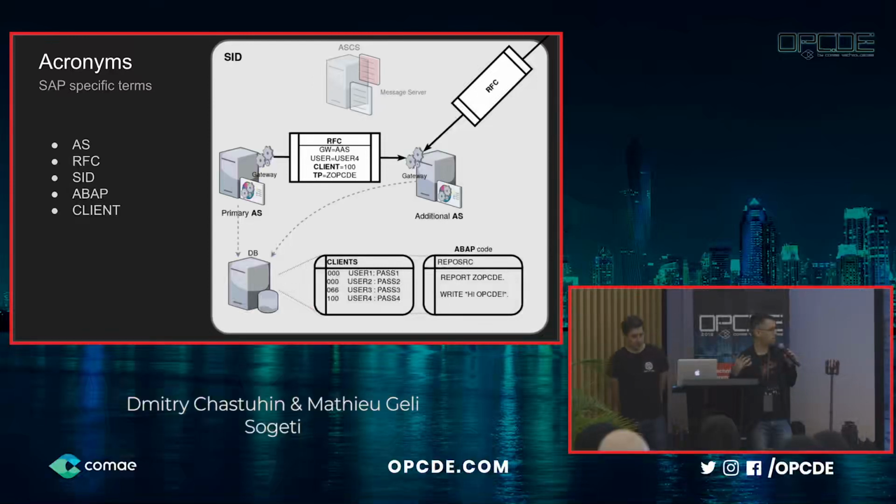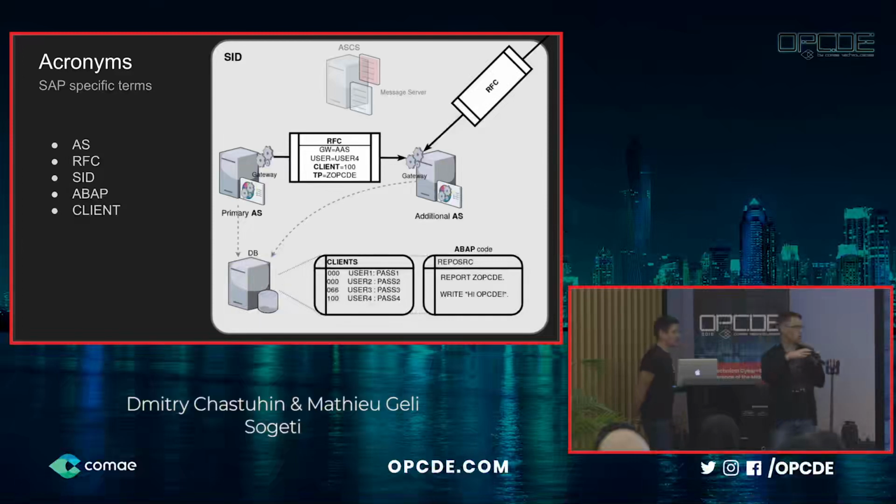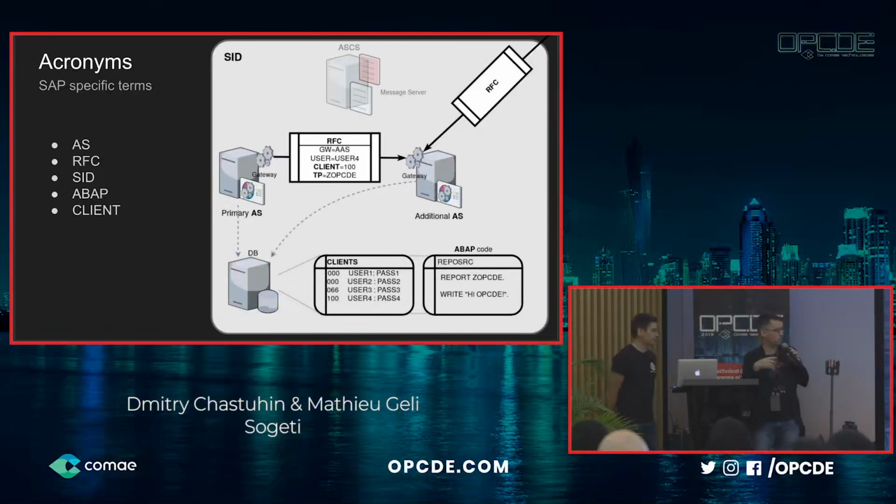Servers and complex software. And they have all their acronyms, like the AS. We will speak often about AS. That's an application server, where basically the business logic is executed. Different application servers can speak to each other and exchange information via the protocol they call RFC.